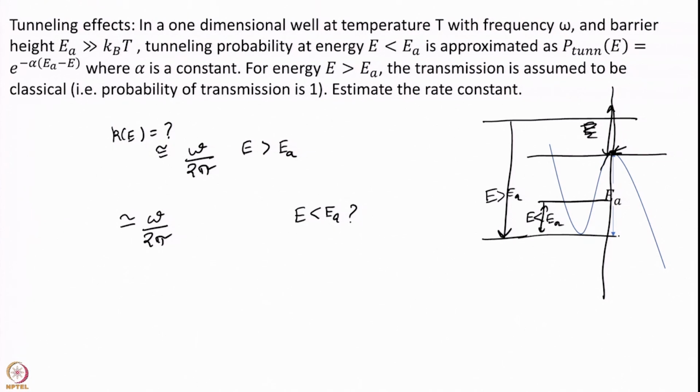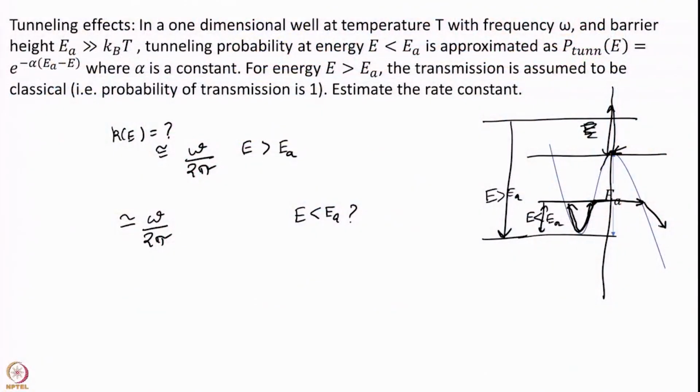Well, in one time period I am going to assume I tunnel once. So, I come here and then I have some probability of leaking through. Again, this is a somewhat open ended problem, it is doing estimates, and so this I am going to say is e to the power of minus alpha times Ea minus E. So, that is a way to estimate things.